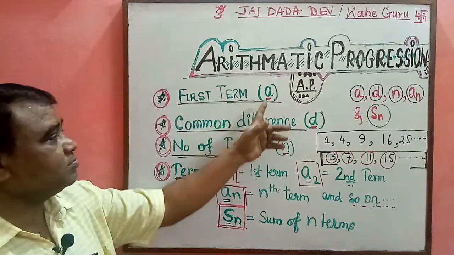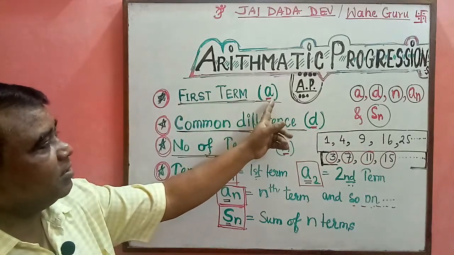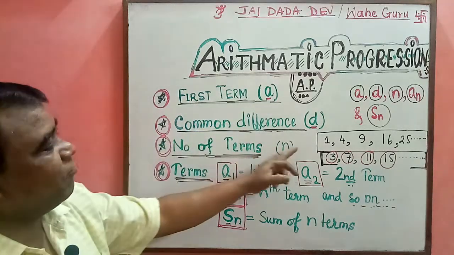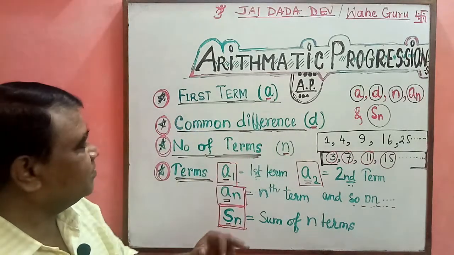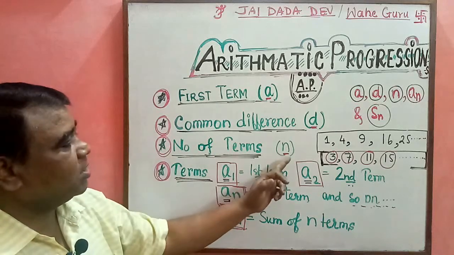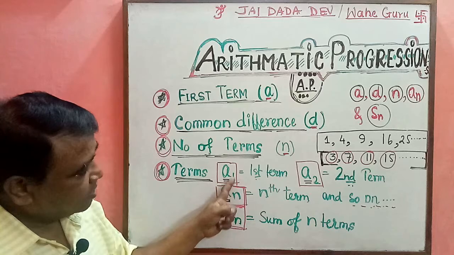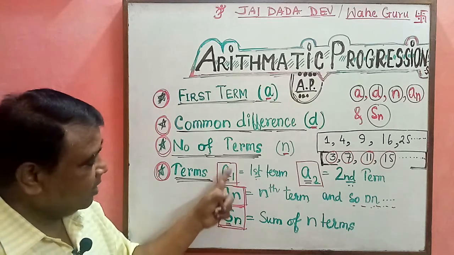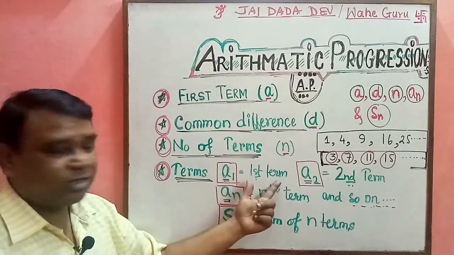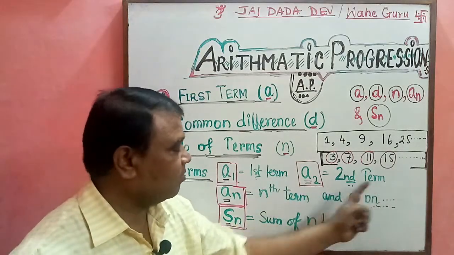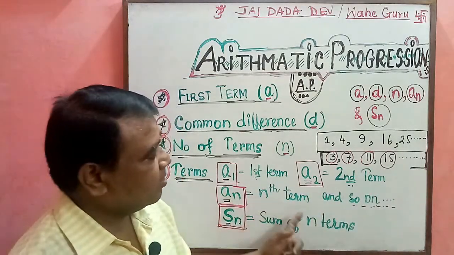First term is represented by A, common difference D, number of terms N. If the suffix is 1, A1 represents the first term, A2 is the second term, An the nth term, and so on.